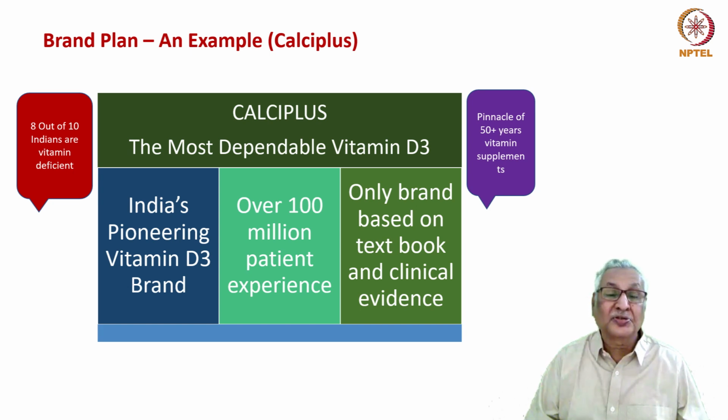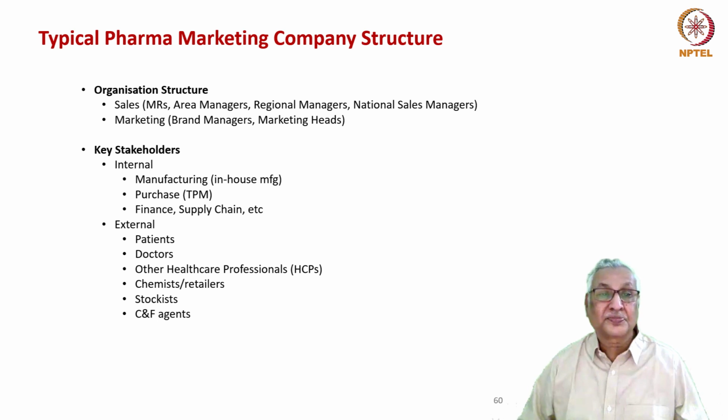And Calciplus is a product for that. India's pioneering vitamin D3 brand, over 100 million patient experience, only brand based on textbook and clinical evidence. This would be the initial set of statements for the brand, and the brand must reflect these characteristics.